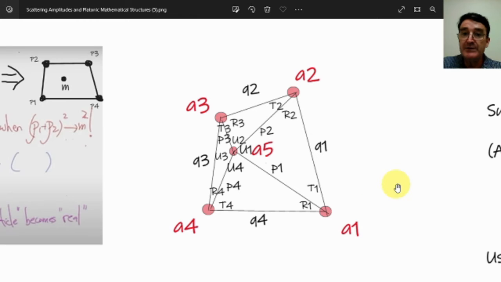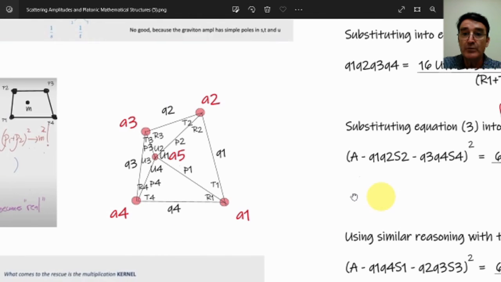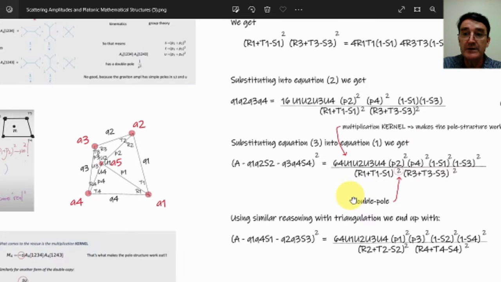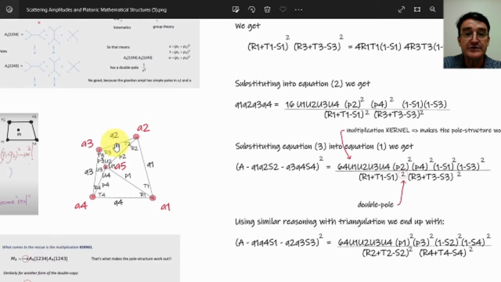And the main result we achieve, the main formula from this triangulation of the projective quadrangle, was this equation here.